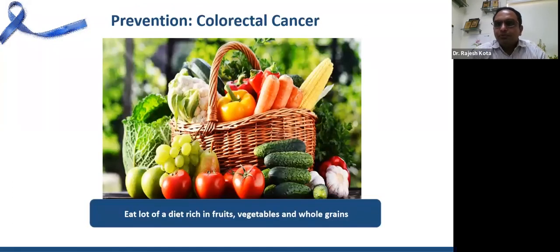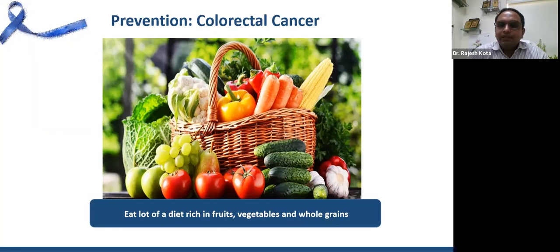So after knowing about the treatments, diagnosis, and various surgeries and chemotherapies, what can we do? As we said, there are some modifiable risk factors which can reduce our chances of getting a colon or rectal cancer. So what all can we do?